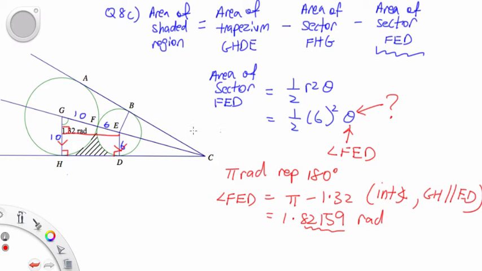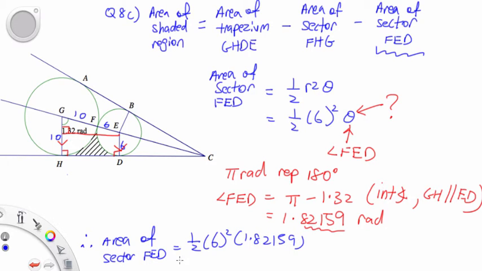Now, therefore area of sector FED equals half times 6 squared times 1.82159, and the answer you will get is equal to this. For this case, you don't need to calculate first.